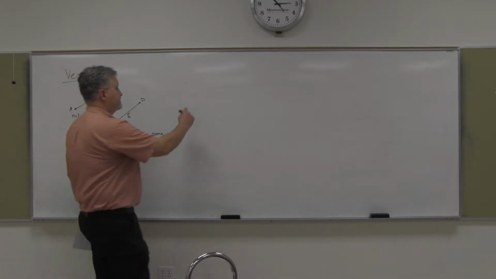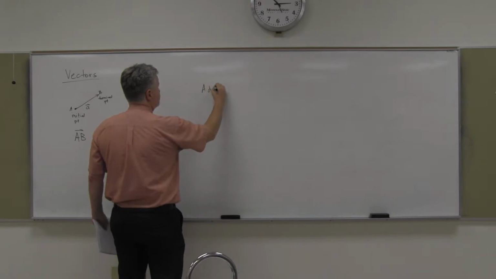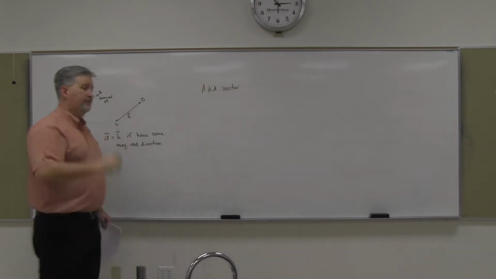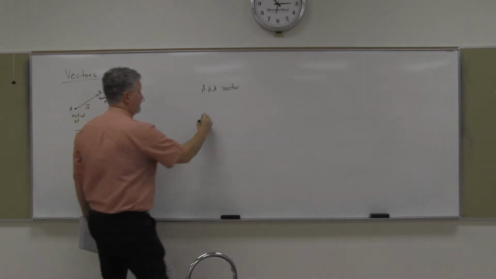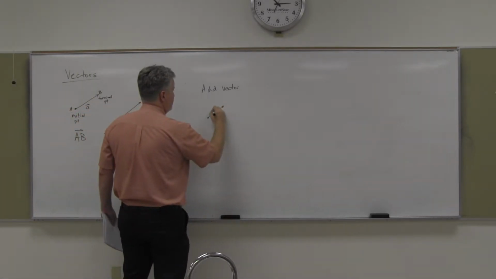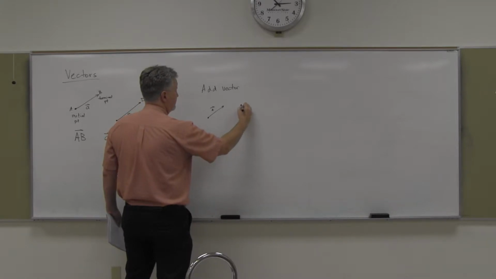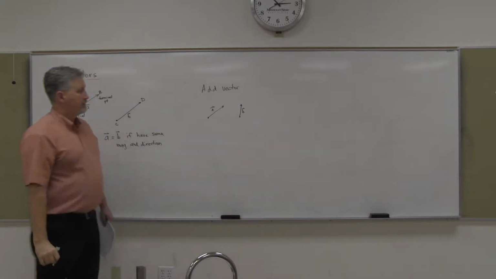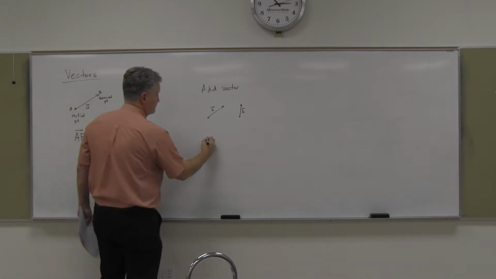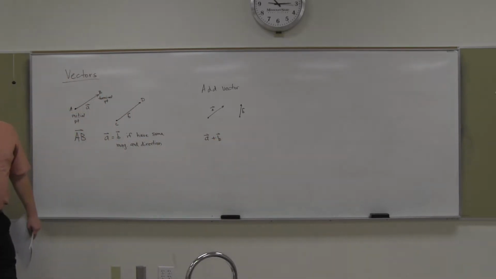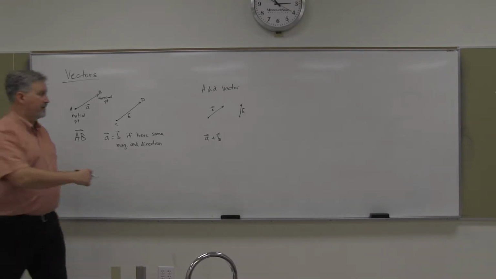To add vectors, say I've got vector A here and vector B here, and I want to add those two. You just put the terminal point of one to the initial point of the other.